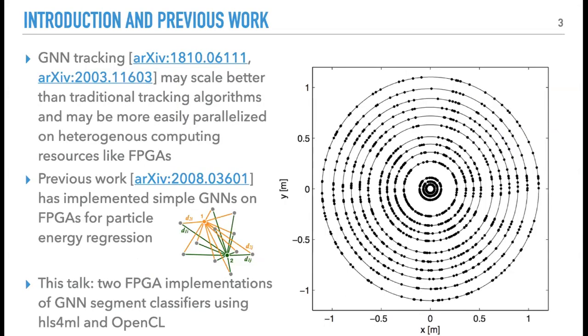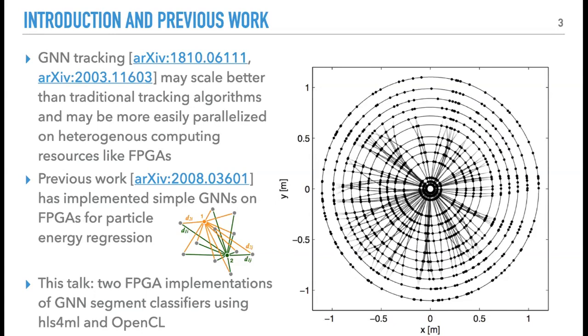To first introduce the topic, GNN tracking may be able to scale better than traditional tracking algorithms and may be more easily parallelized on heterogeneous computing resources like FPGAs.